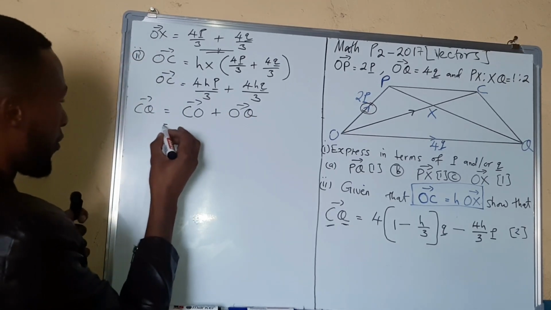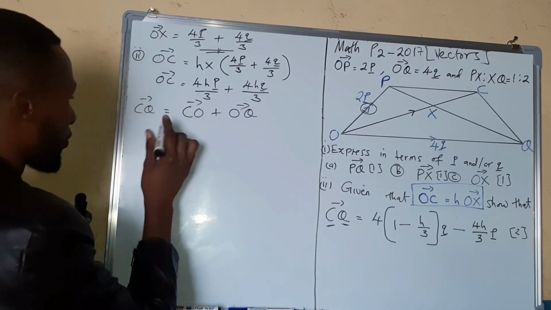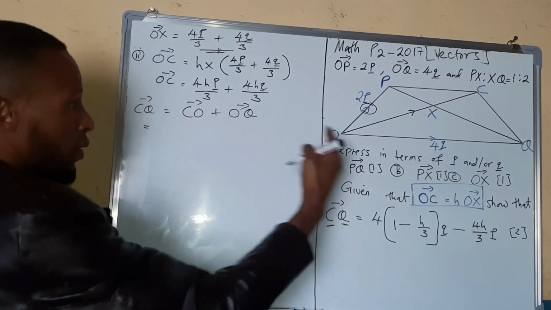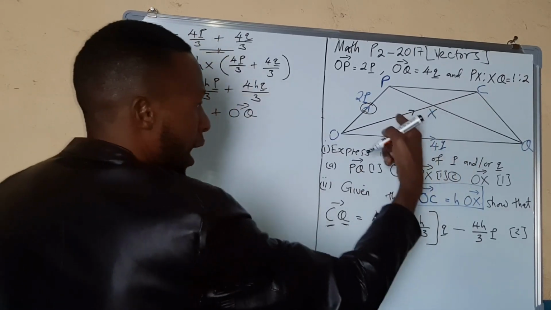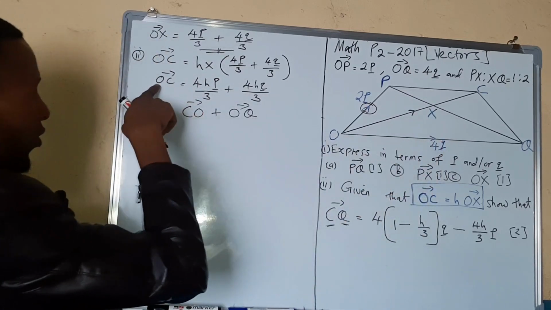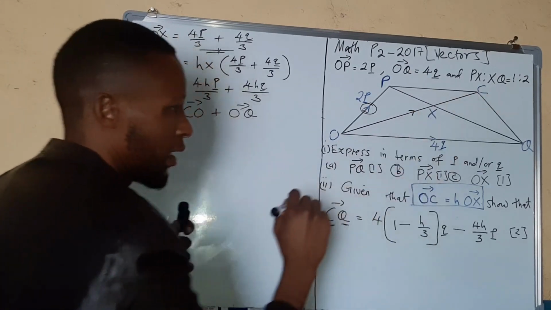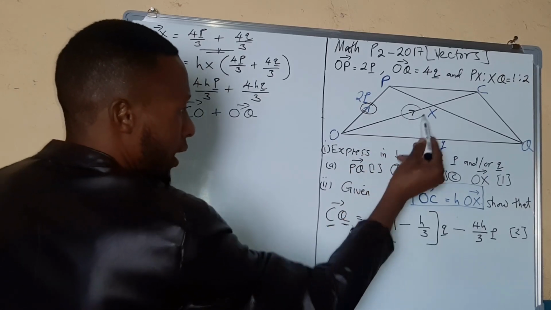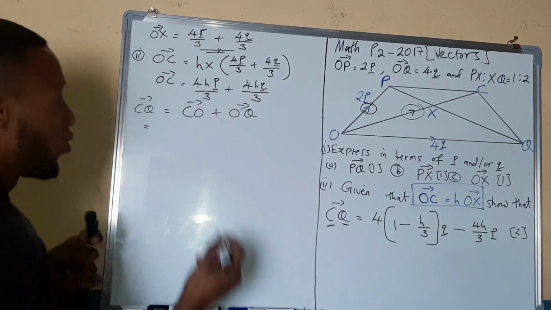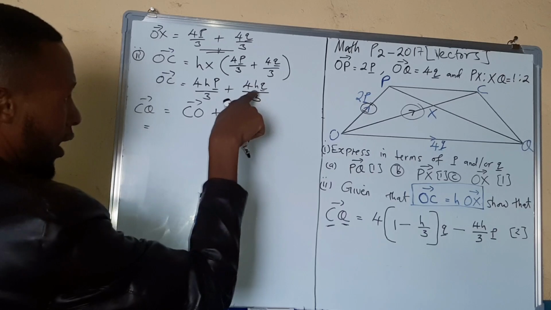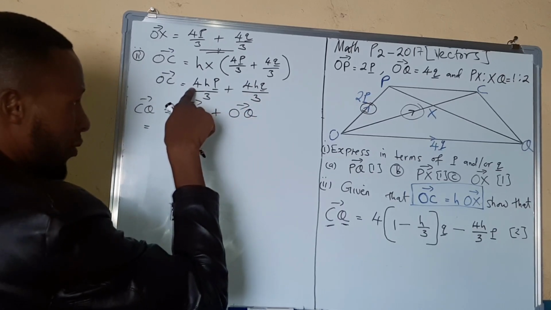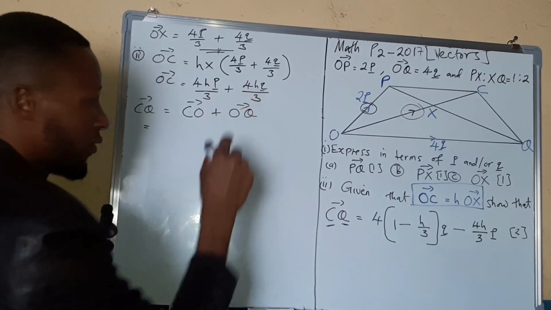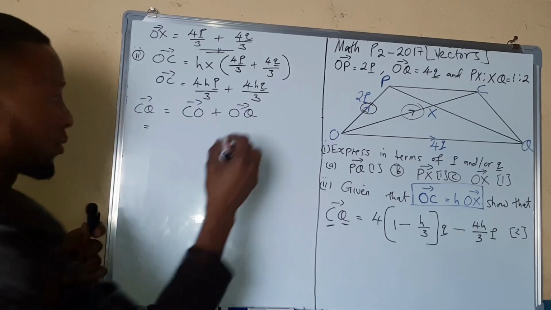Let us substitute our values. CO: we are going against the arrow. Remember what we found here is OC, from O going to C. But now we are going from C to O, meaning we are going against this arrow, so we introduce a negative. This is a positive, so it will become a negative. This is also a positive, it will become a negative when we multiply.